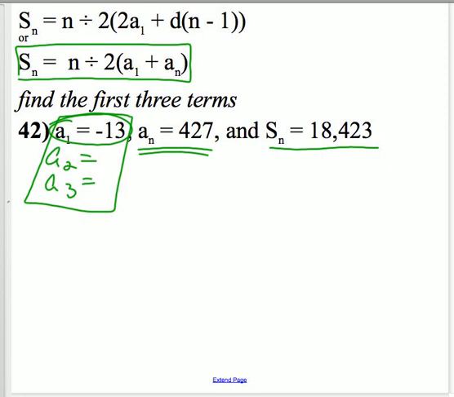So if I make that substitution here, 18,423 is equal to n divided by 2 times negative 13 plus 427. I can solve that for n, so I know exactly how many numbers I'm adding together. So I go through my algebra equation process.